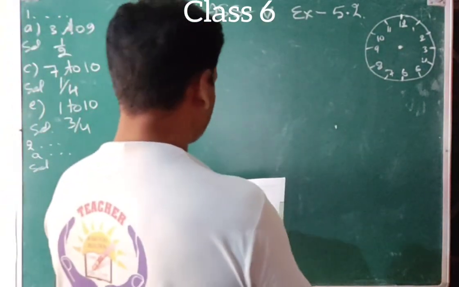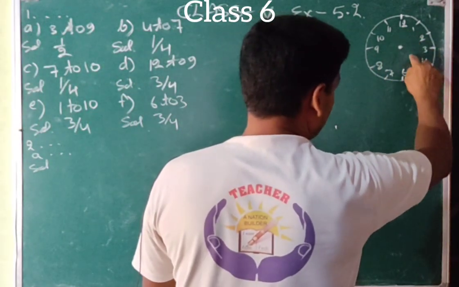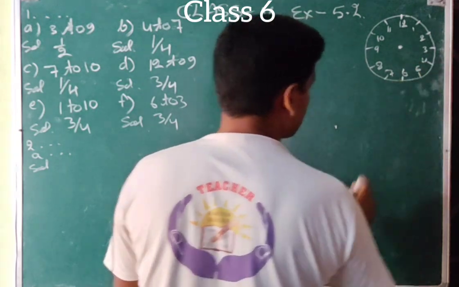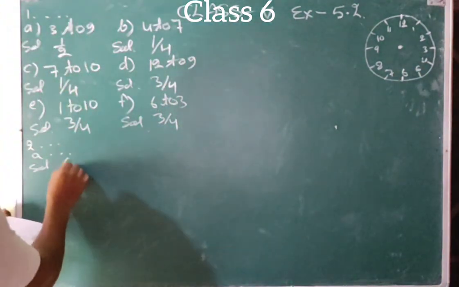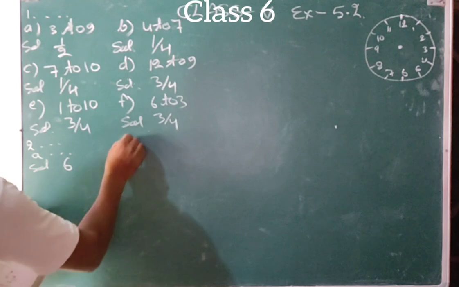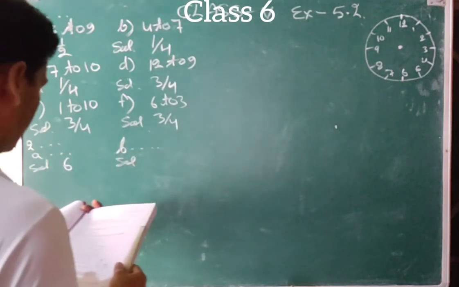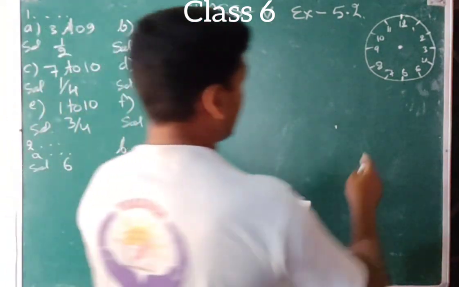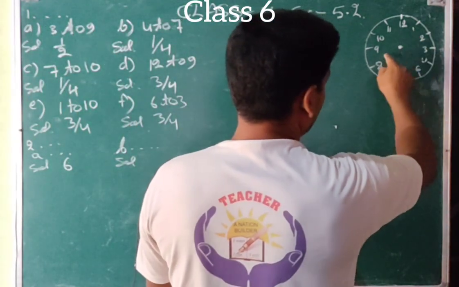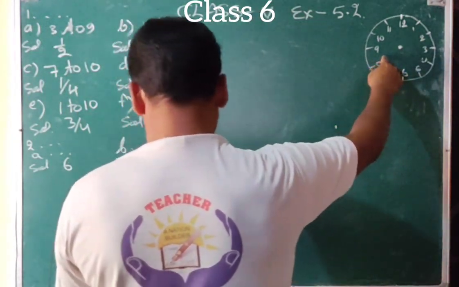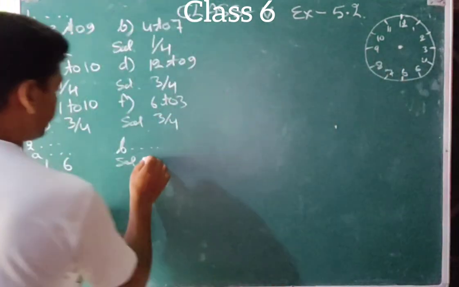It starts from 12 and half of the circle is done, so it comes to 6. B part, start from 2 and half of the distance, that means it will go up to 8.